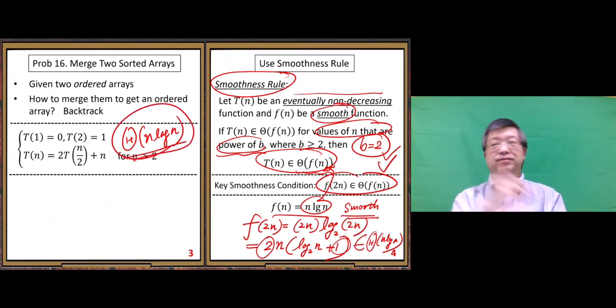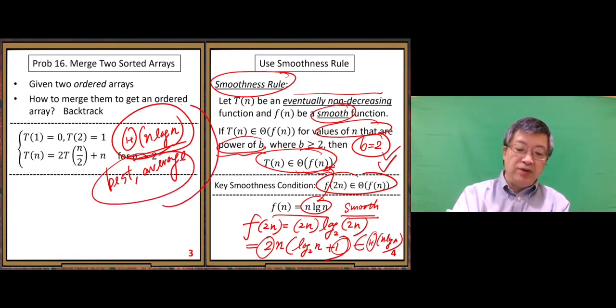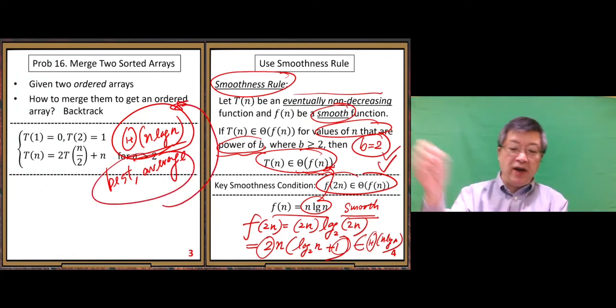The best case and average case can only be better than this, since the worst case is already this good. But even for the best case and average case, they also belong to big theta of n log n.